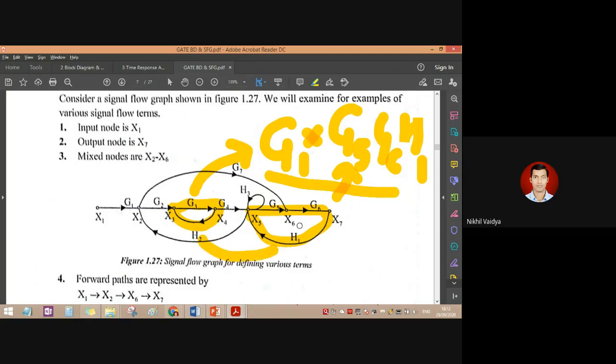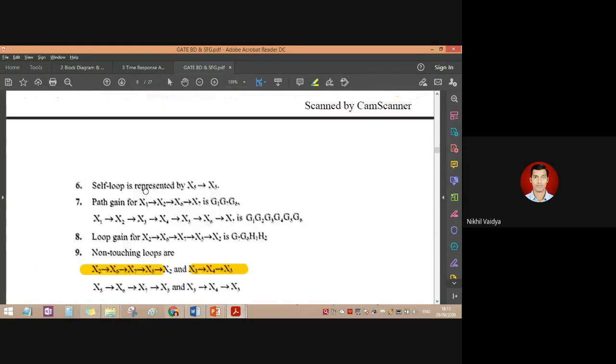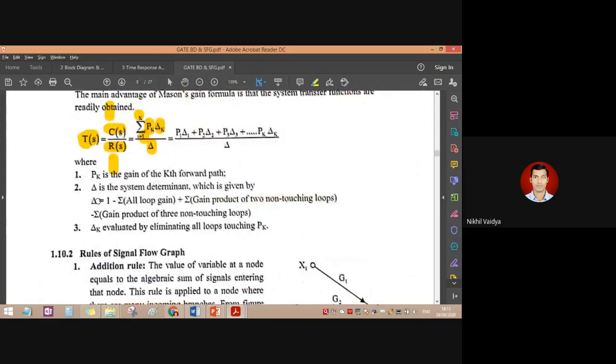Now this is the gain product of the second pair of non-touching loops present in the signal flow graph, and its addition we have to do with the previous gain, that is G3 into H3. So this is the term which will come in this particular formula. Let me trace it again. What is delta? 1 minus summation of all loop gains plus summation of gain product of two non-touching loops.